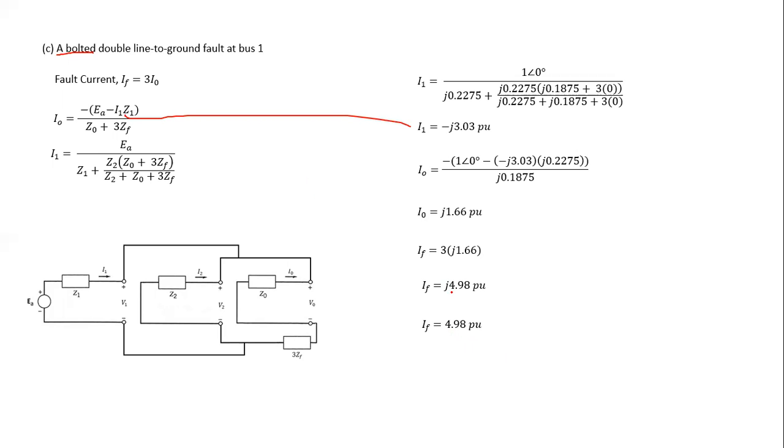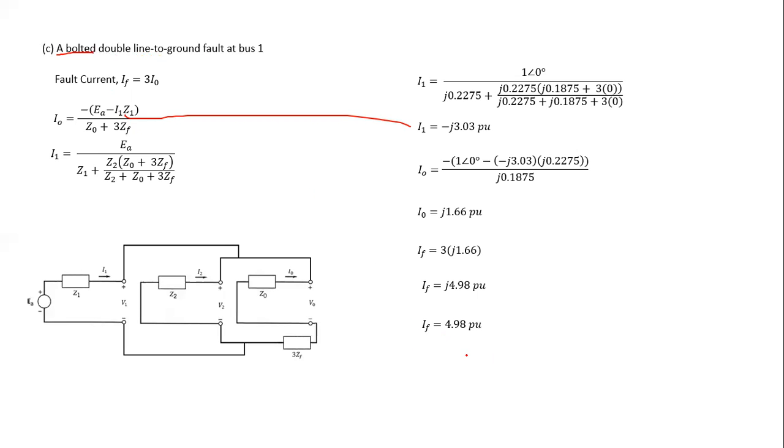So among these three, the highest fault current occurs when a double line to ground fault happens.